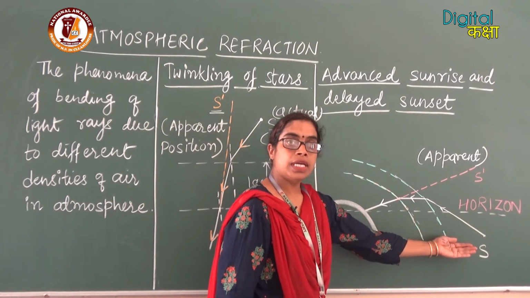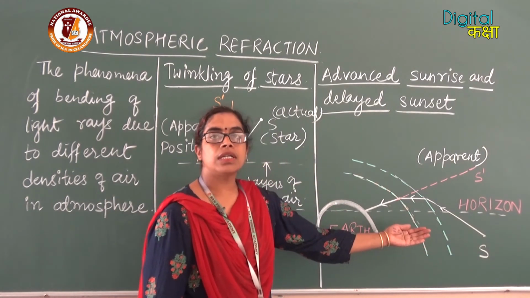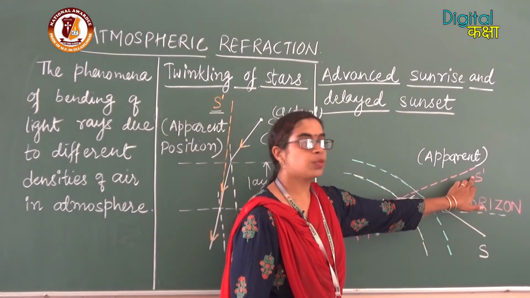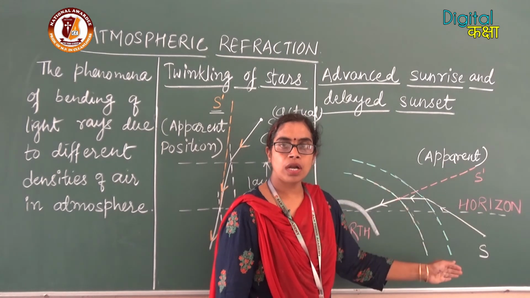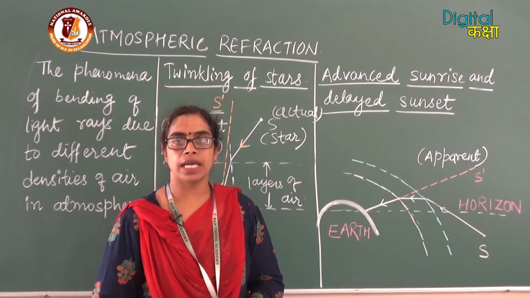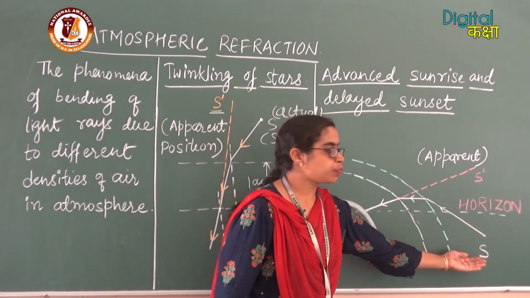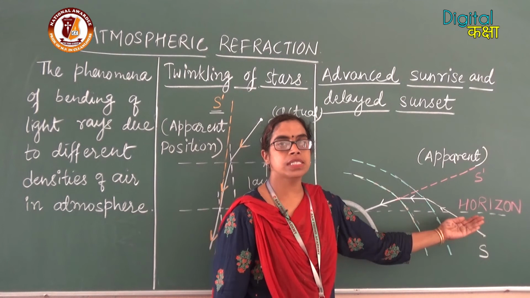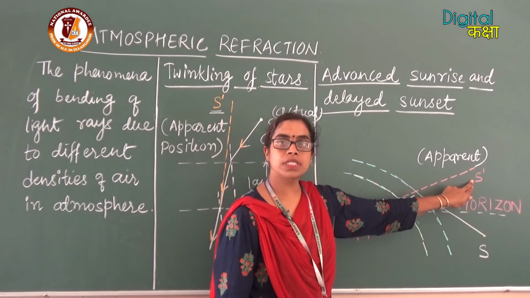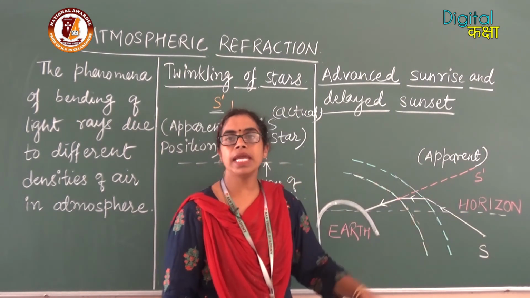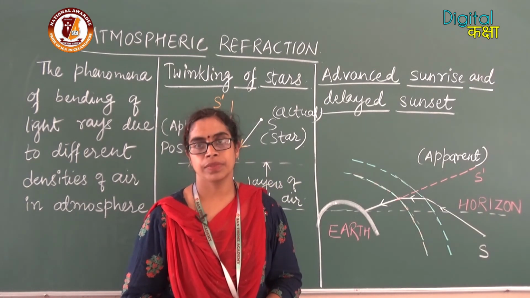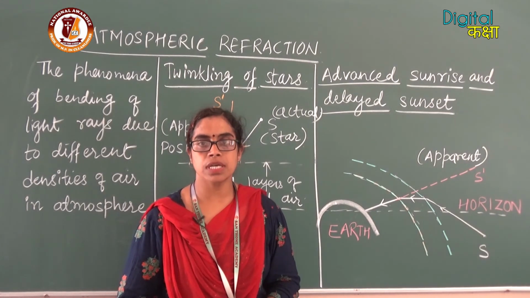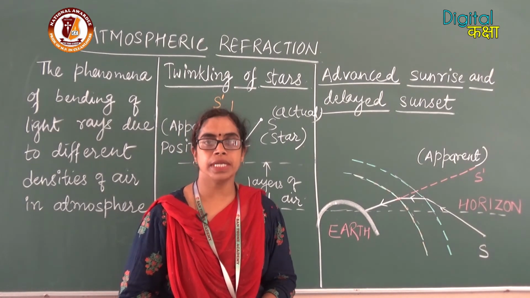Actually, the sun takes 2 minutes to reach from this position to this position. In other words, when the sun is actually at this position, we are able to see the sun in the sky at position S dash, its apparent position, and the time difference between these two positions is 2 minutes.